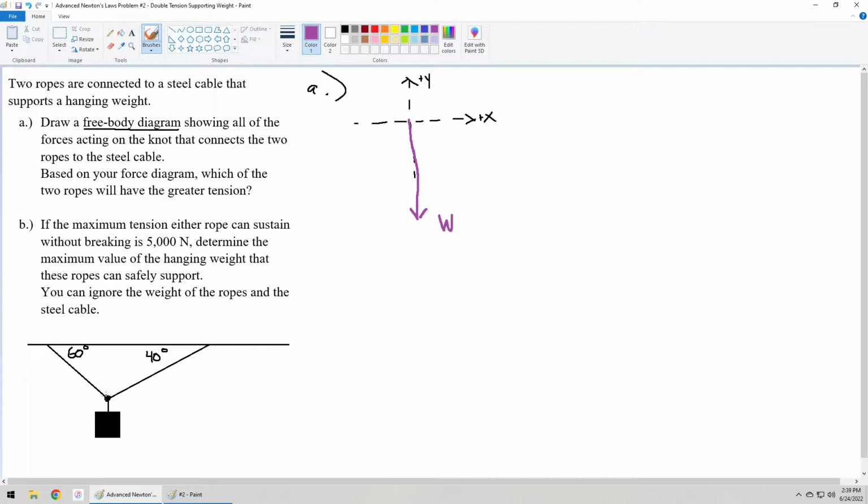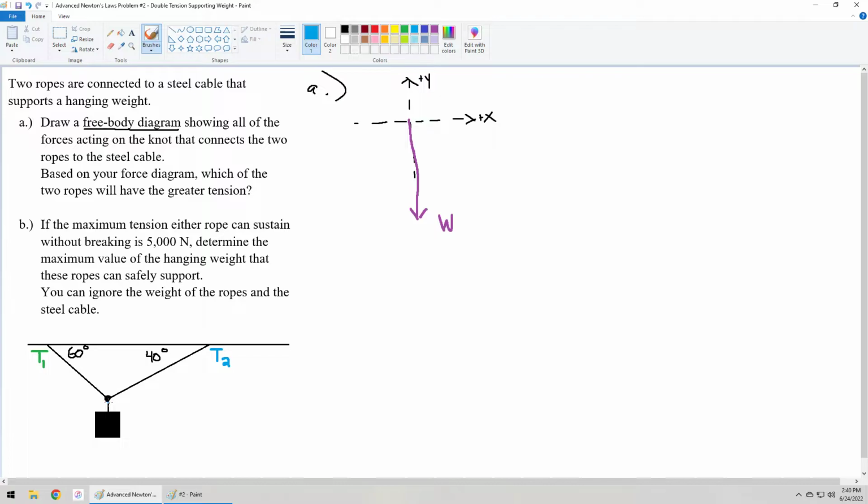Because the angles are different for these two ropes, they are very likely going to have different tensions. So let's label them T1 here, and the other one T2 there.